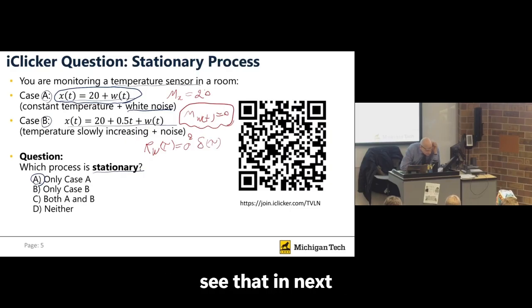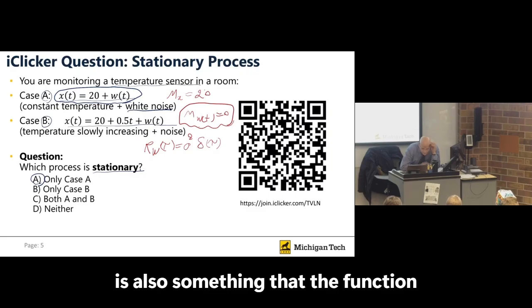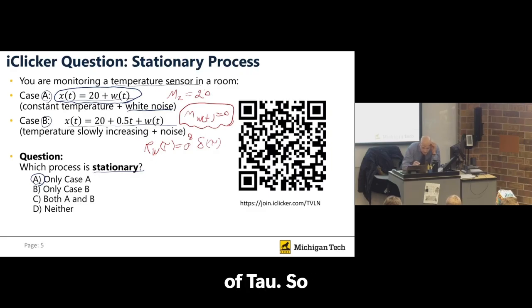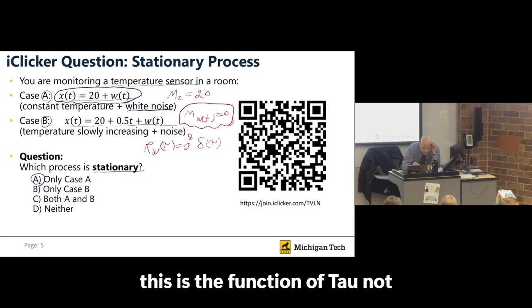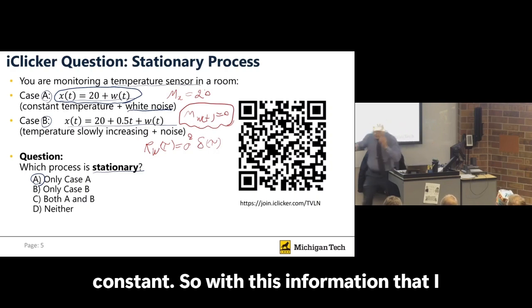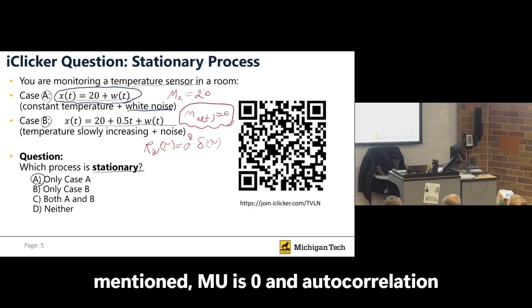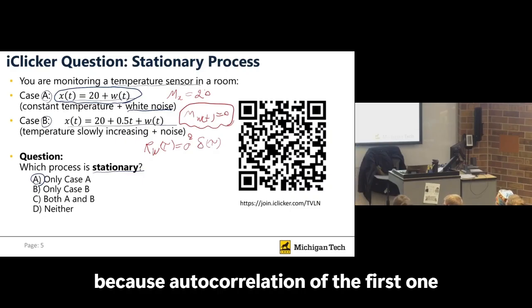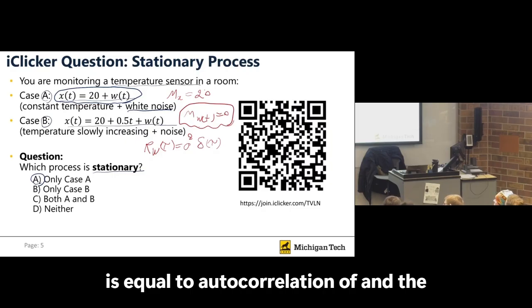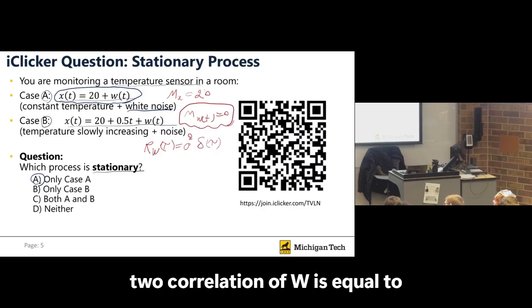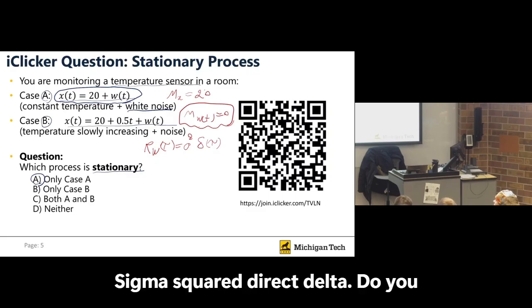We're going to see that in the next slide. So this is a function of tau, not constant. With this information, mu is 0, and the autocorrelation of the first one is equal to the autocorrelation of W, which is equal to sigma square Dirac delta.